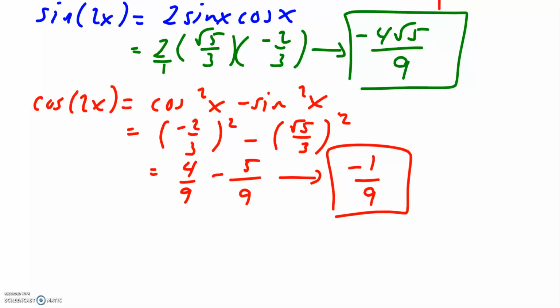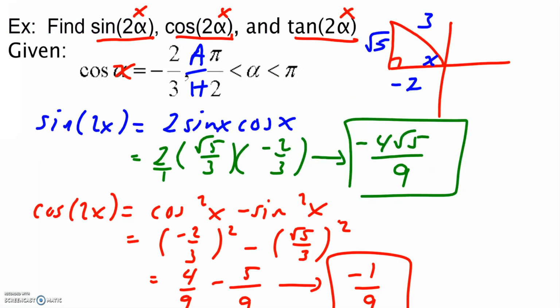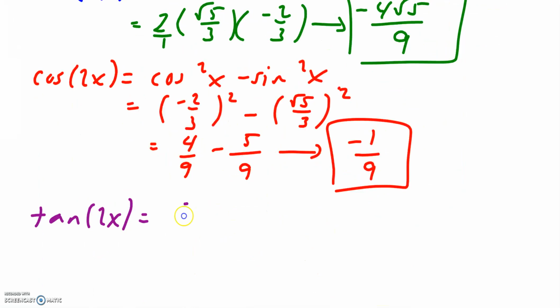Lastly, if I would like to find the tangent of 2x, that identity is 2 tangent of x over 1 minus tangent squared x. So let me write that down. 2 tangent of x over 1 minus tangent squared of x.